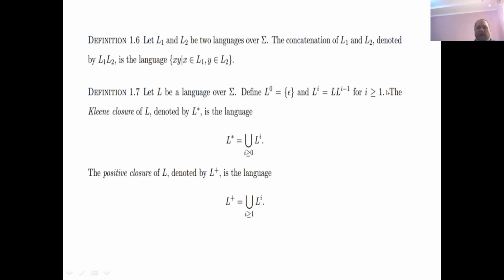The Kleene closure of L, denoted by L to the degree star, is a language. The positive closure of L, denoted by L to the degree plus, is a language.